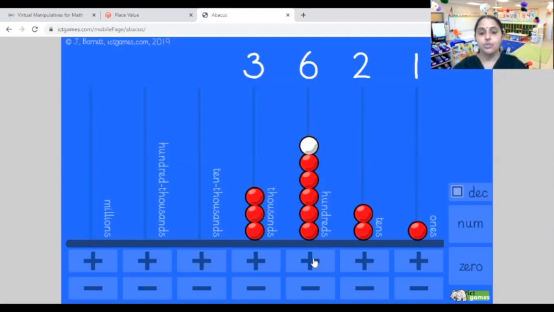Now we have to add 8 to the hundreds place. 1, 2, 3, 4, 5, 6, 7, 8. So we had 6 plus 8 which becomes 14. So 4 we will write in the hundreds place and 1 we will give to the thousands place.